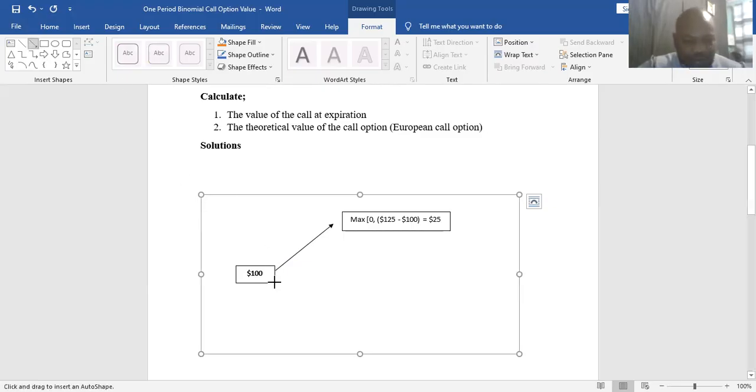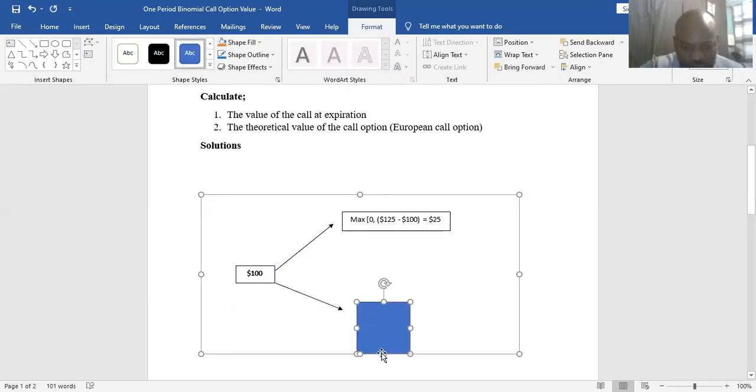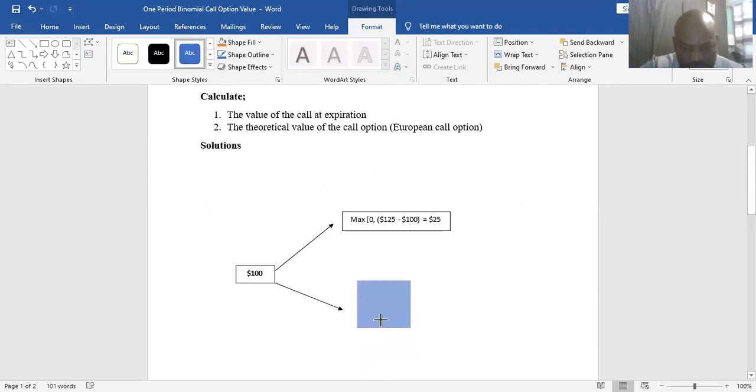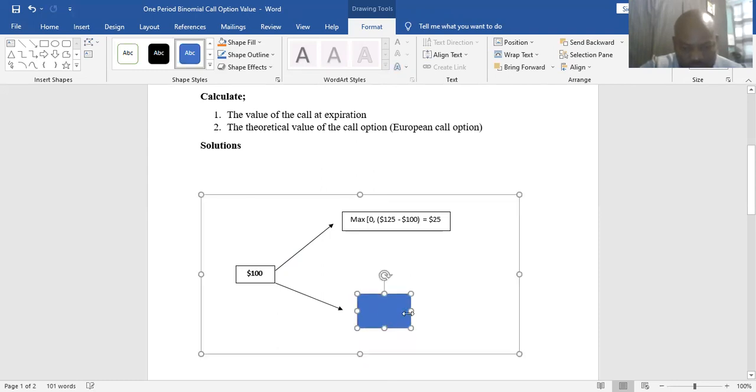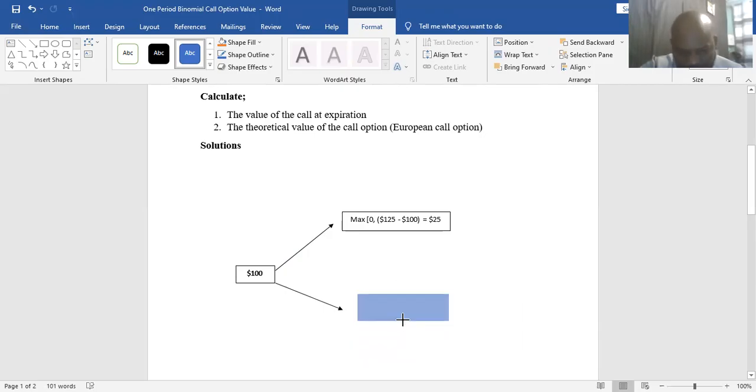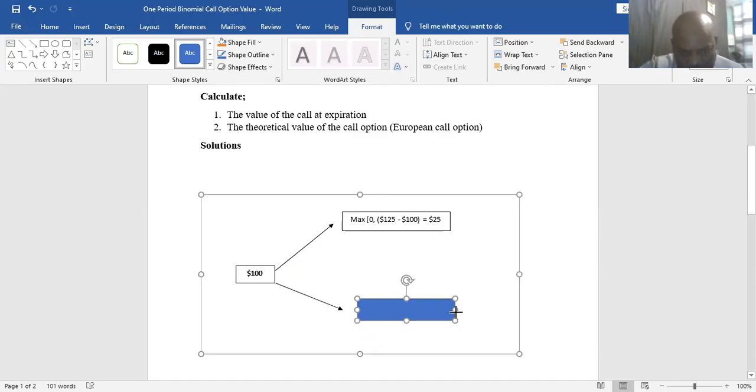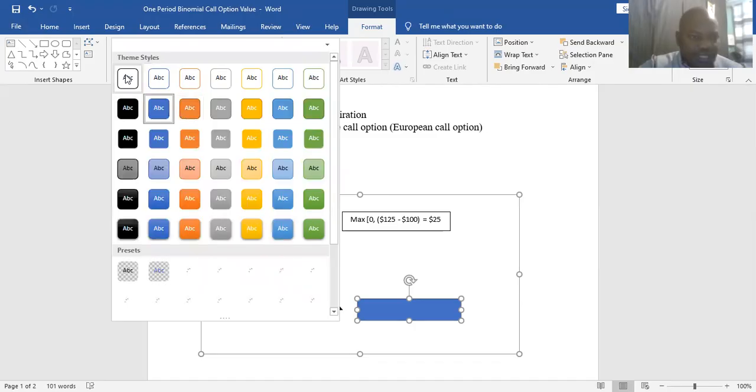And then let's see what happens when it goes down by 20%, as indicated in the question. Things will look like this.